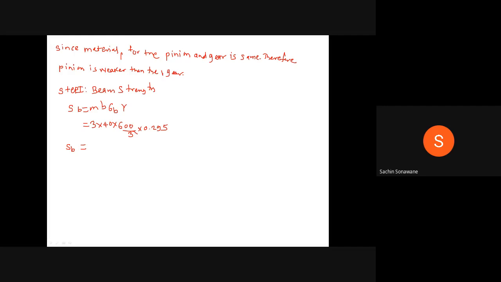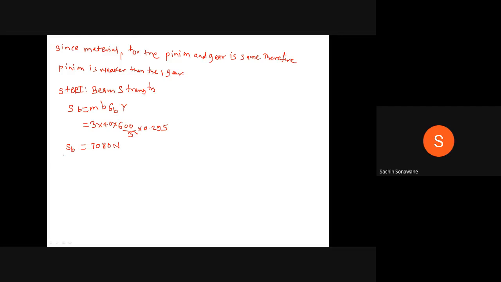Azam, what is the answer? Roll number 73. Roll number 50. 7080, sir. Yes, correct. 7080 Newton. Now we will calculate wear strength.